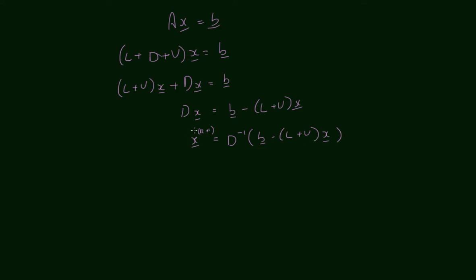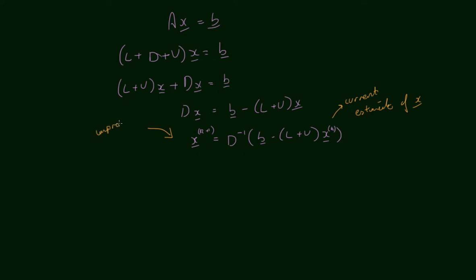So xk is our current estimate of a solution, and the one on the left is our improved estimate.